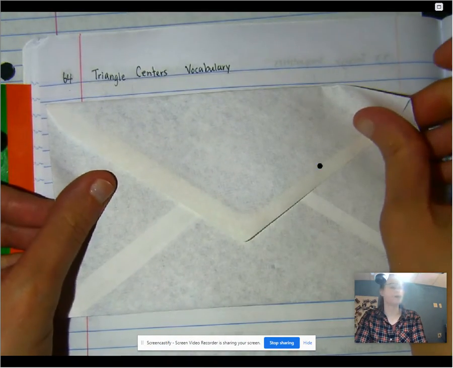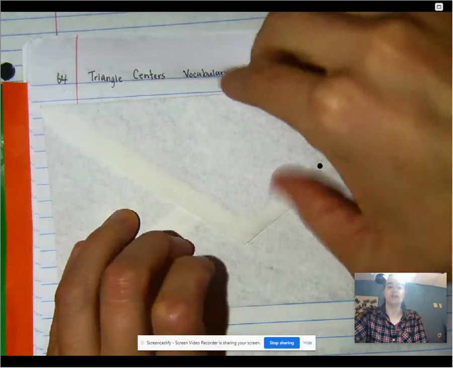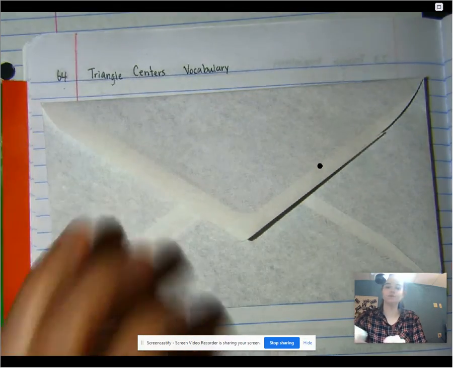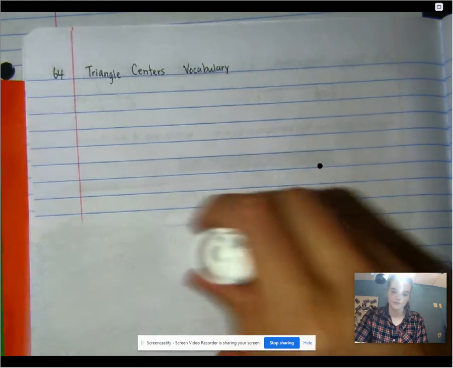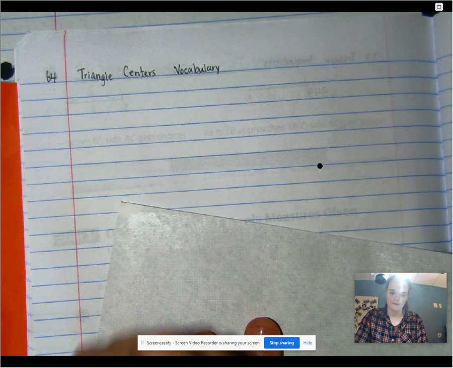If you're in class, I'm giving you 2 envelopes. One of these envelopes you're going to glue right here, just like this, so the flap opens. And you're going to label it vocabulary.